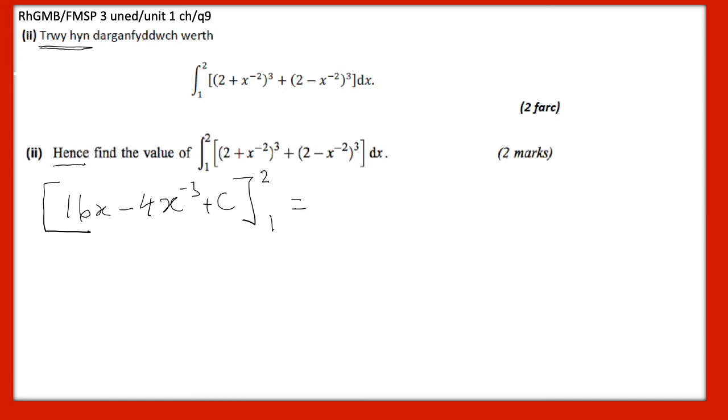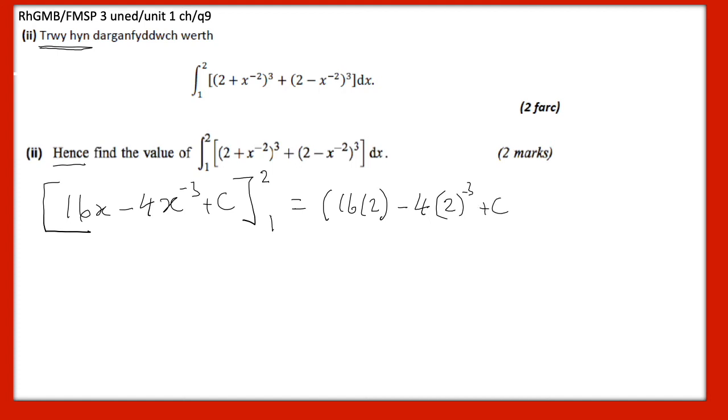So essentially, and it's only worth 2 marks, so it should be fairly quick, fairly simple, and obviously I'm writing more here than perhaps I should do, but it'll do. I've got 16 times 2 minus 4 times 2 to the power minus 3 plus c.